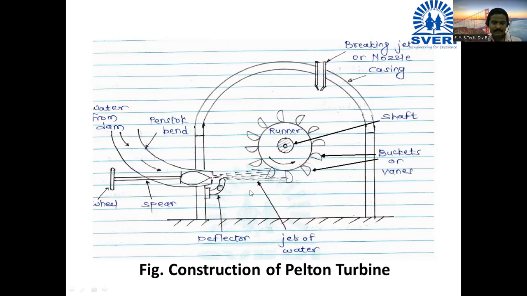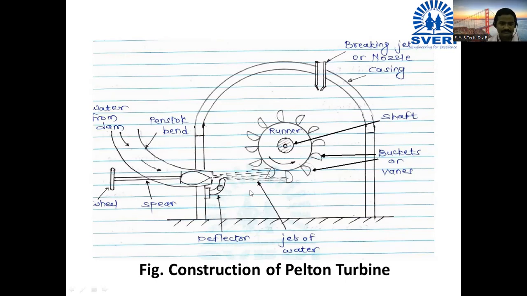Water is transferred from the dam to the nozzle by a penstock, comma, through the nozzle water flows out at high speed, a high speed jet of water, full stop.